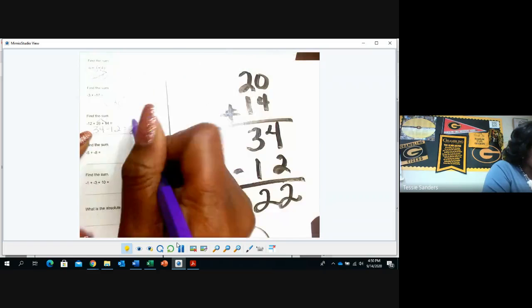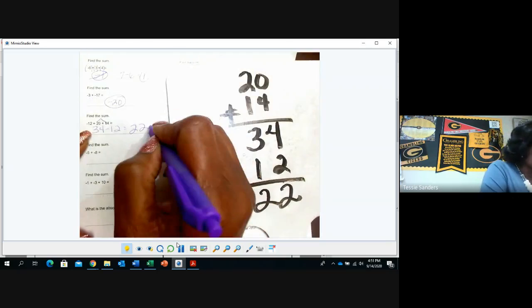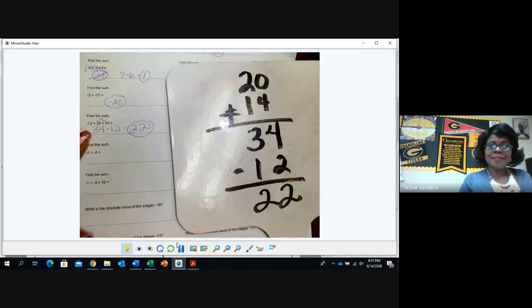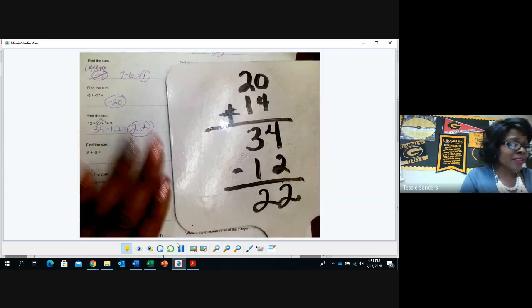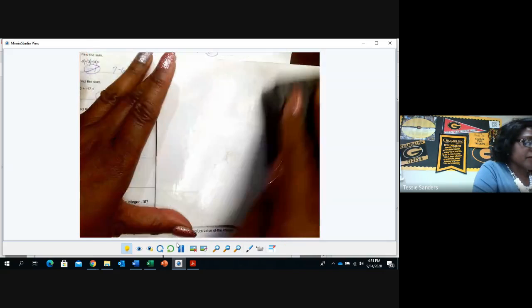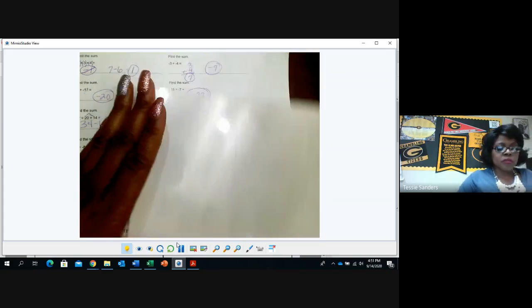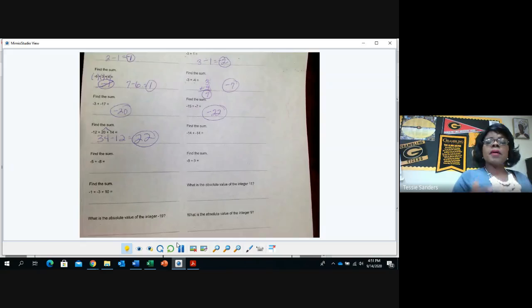So we will say this is positive 22. It's going to remain positive. See, not harmful, not scary at all. Just have to slow it down. I know those negatives and positives can confuse you. They can. They confuse me, and I have to go back and take my time.